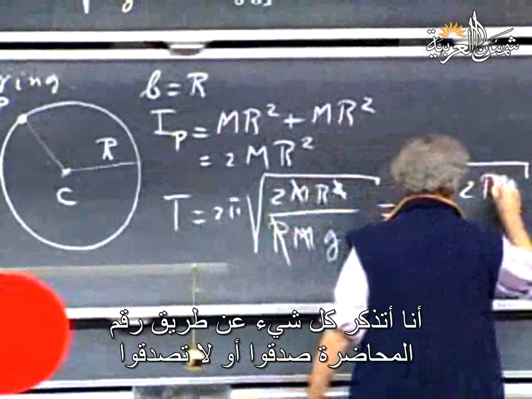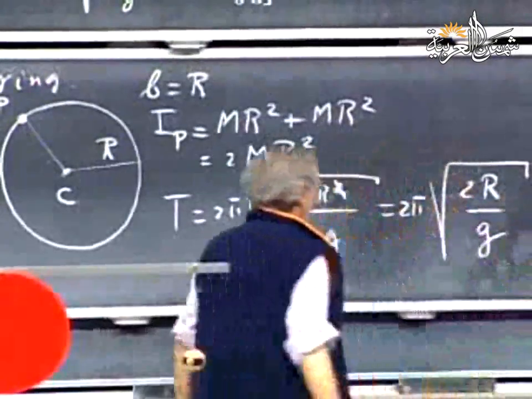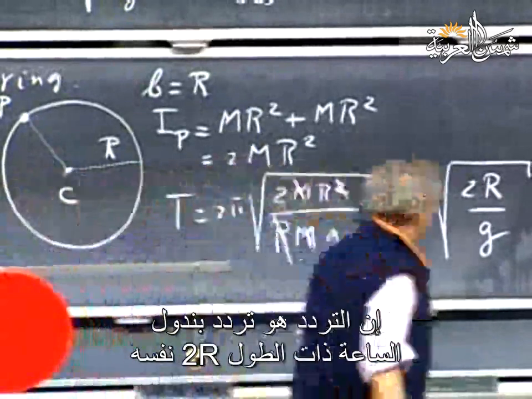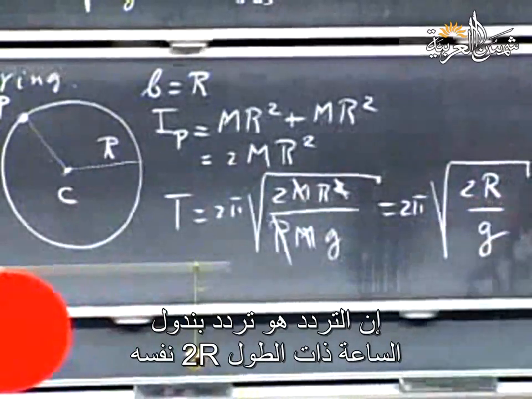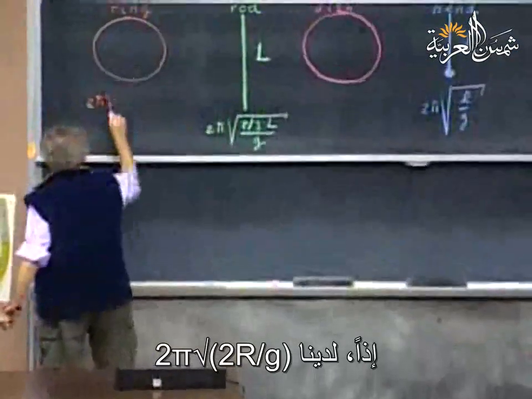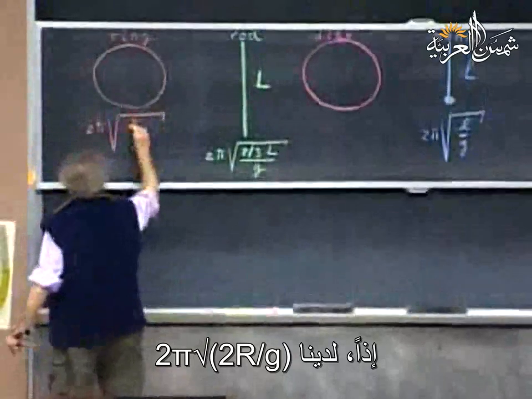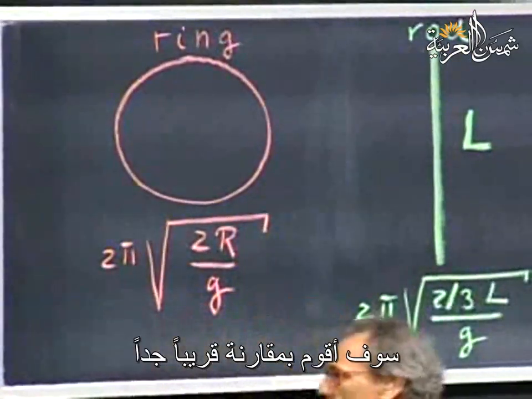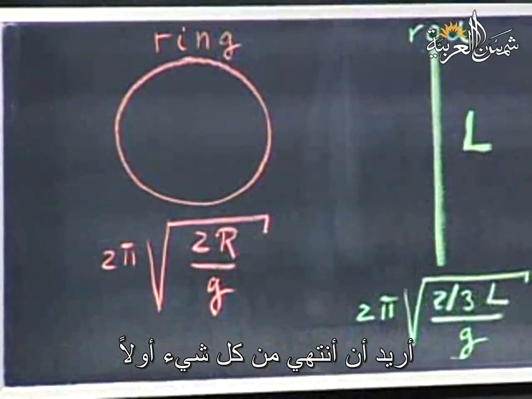I remember everything by lecture number, believe me or not. So the period now is the same as a pendulum with length 2r. This is the ring. And so here we have 2 pi times the square root of 2r divided by g. I'll make a comparison very shortly. I just want to finish them all.